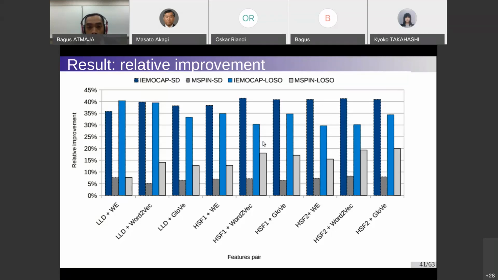The difference can be explained by, first, IEMOCAP being larger than MSP-IMPROV, with more than 10,000 utterances while MSP-IMPROV has only 6,000. And second, IEMOCAP is acted, although it also contains spontaneous speech, it is still fully acted, while in the MSP-IMPROV dataset some of the speech is spontaneous.